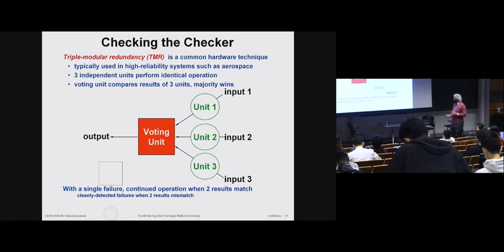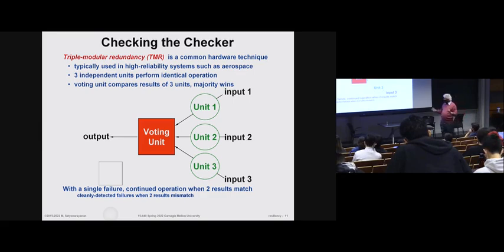And if I have one failure, then what the voting unit will see is unit 1 and 2 produce the same bit pattern, but the output of unit 3 looks different. So probabilistically, it is unit 3 that has failed. So I will exclude it. If I get 3 different answers from all 3, I'm totally confused. I don't know what to do. Okay? So you can cope with one failure.